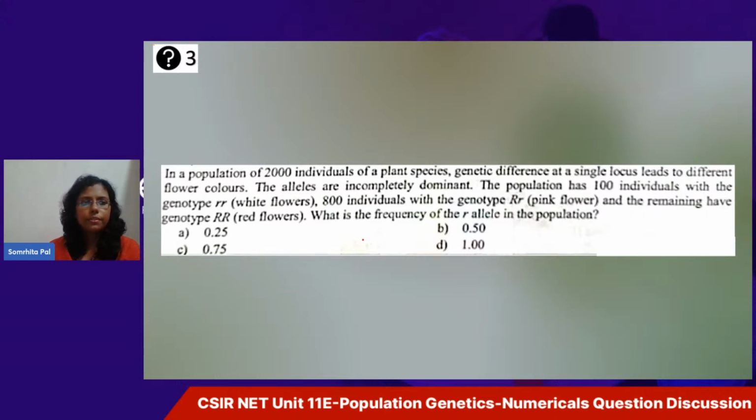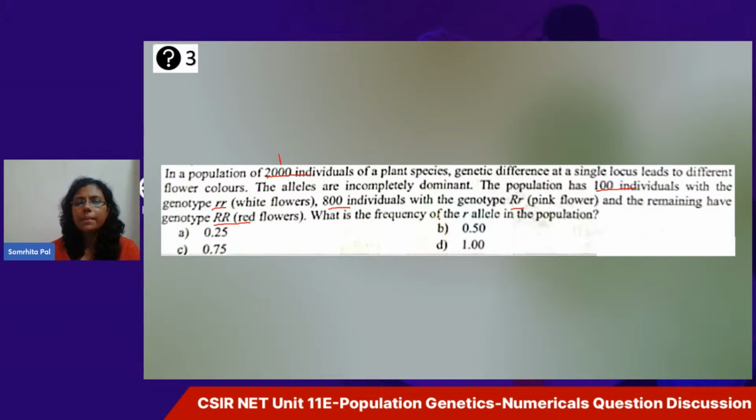The third question, if you see, the population of 200 individuals of a plant species, genetic difference at a single locus leads to different flower colors. The alleles are incompletely dominant. The population has 100 individuals with genotype rr, which are white flowers, 800 individuals with genotype heterozygous with pink flowers, and the remaining are of genotype capital R capital R, which are red flowers.